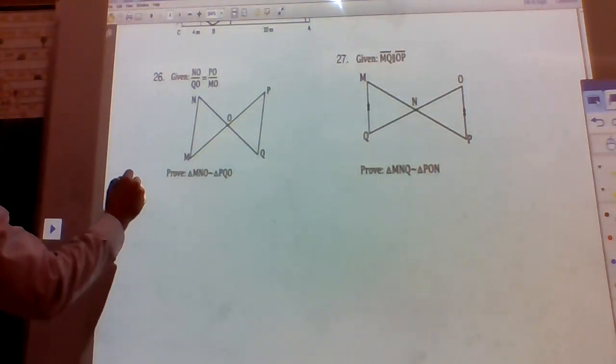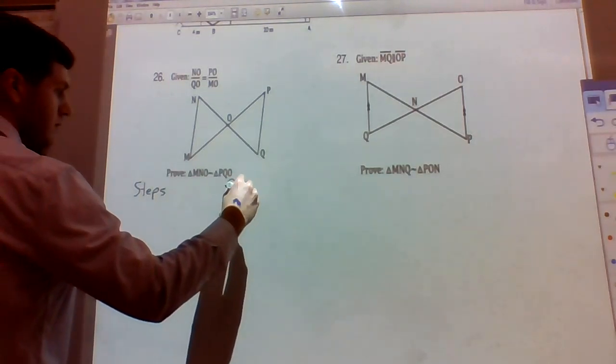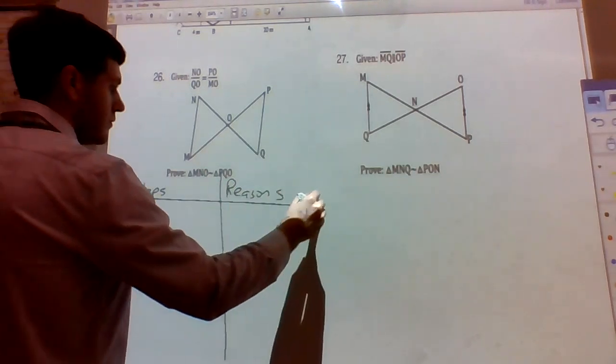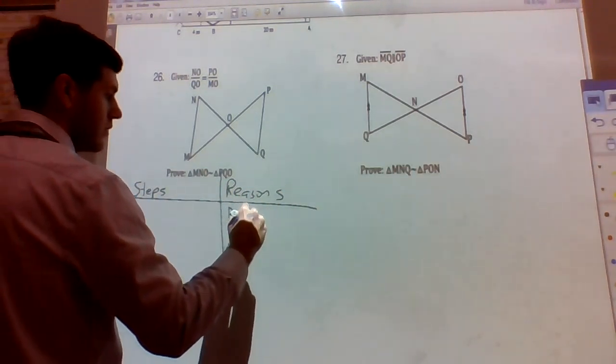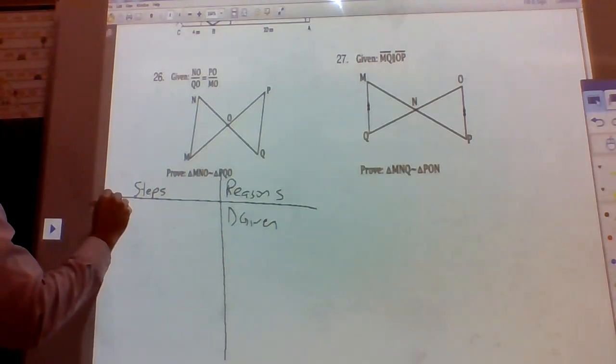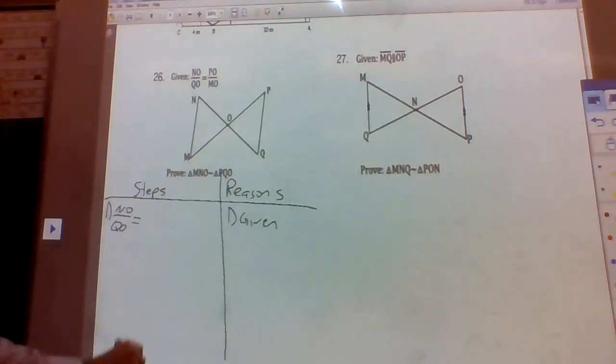Right, so steps and reasons. Two columns. First one is always the given. So what's given to us here is that NO over QO is equal to, is this the same one we did in class?